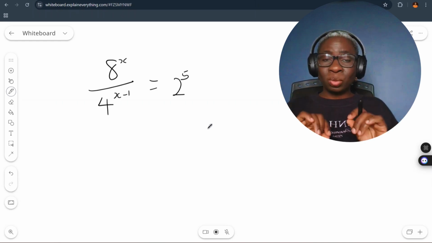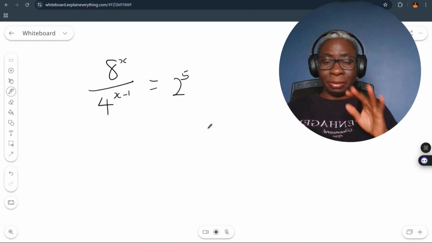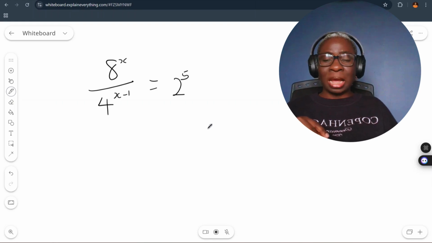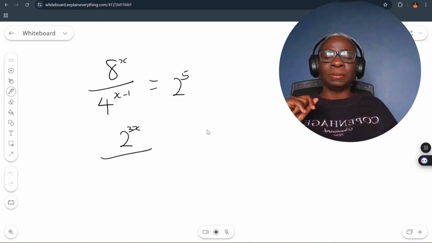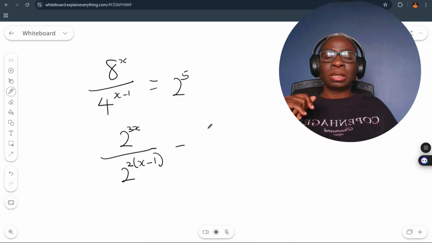So the first thing we will do is to simplify by expressing all these numbers in base 2, so that 8 is 2 raised power 3. So this would give 2 raised power 3x, because we have to multiply that 3 by the power that we have there already. Then this will now give 2 raised power 2, then we multiply it, open bracket for x minus 1. Then this would be 2 raised power 5.